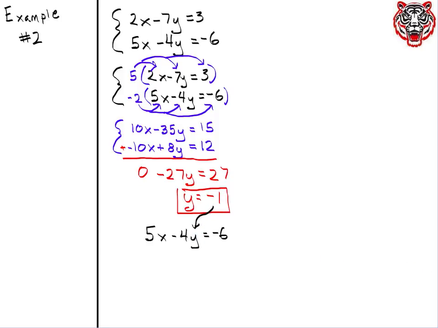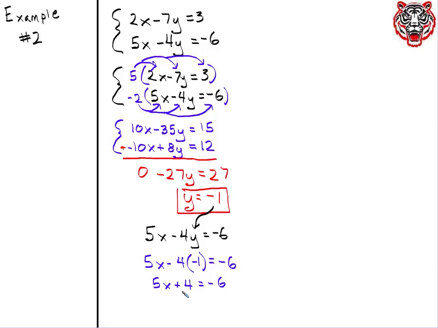And my new equation becomes, I'll just switch to blue again. So 5x minus 4 times, put parentheses around whenever I sub in, -1 equals, copying down the rest of the equation, -6. All right, so simplify this. I have 5x, and -4 times -1, that's going to be a +4 equals -6.